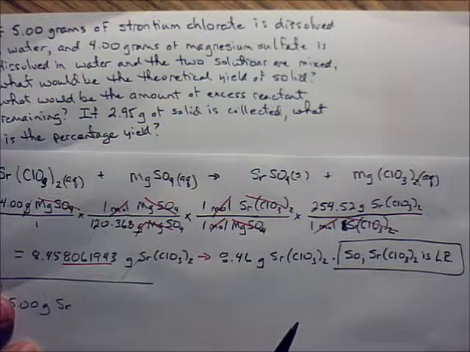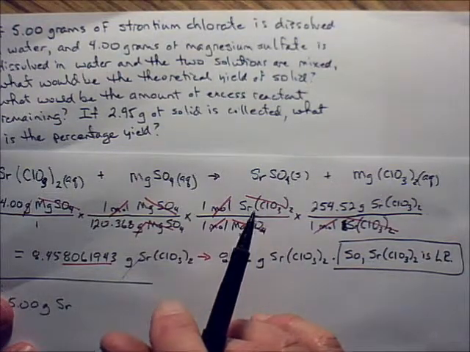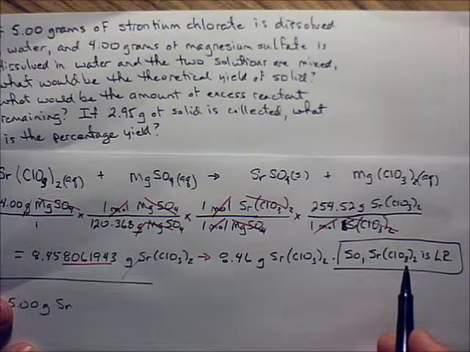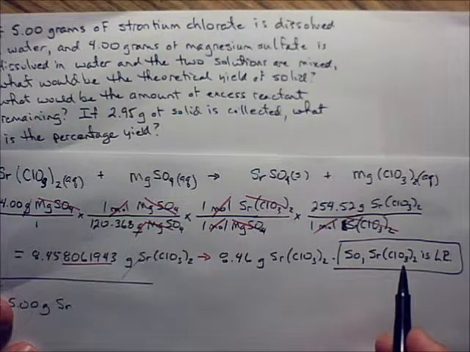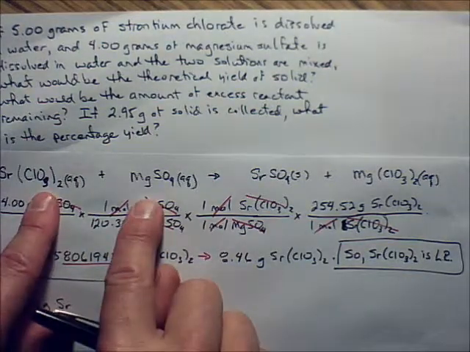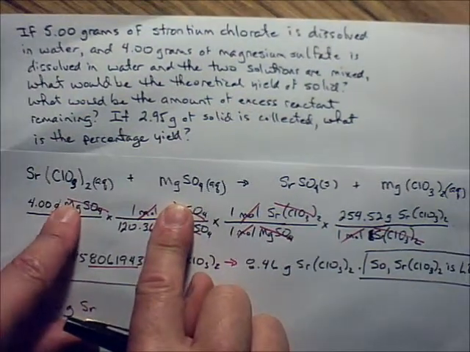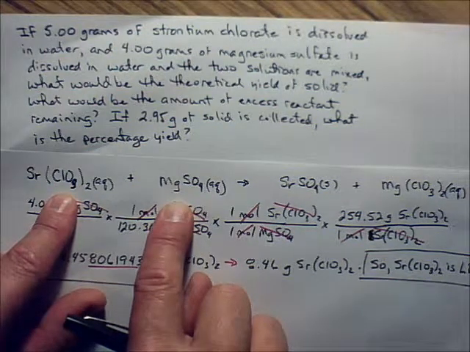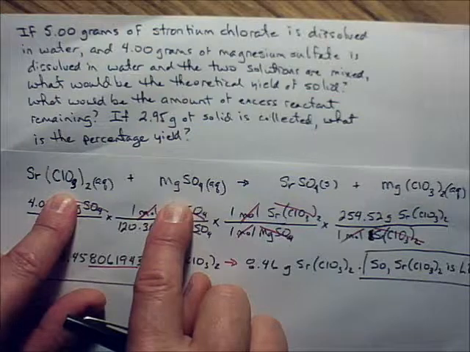What is SrClO3 if it's not strontium chlorate? It is strontium chlorate. It is also the limiting reactant. You've got 2 reactants. This is the one that limits the reaction. The reaction stops when this runs out. Remember our cookie analogy?